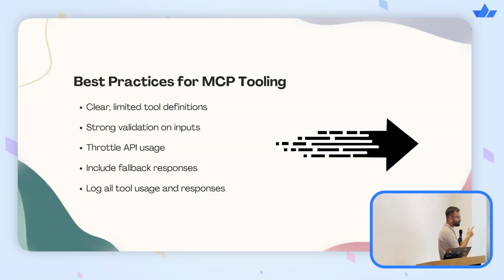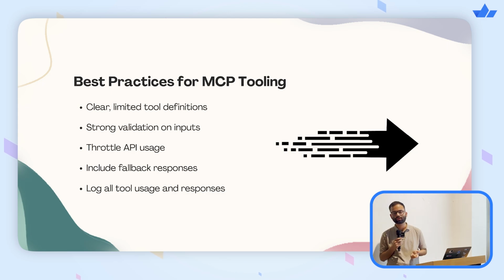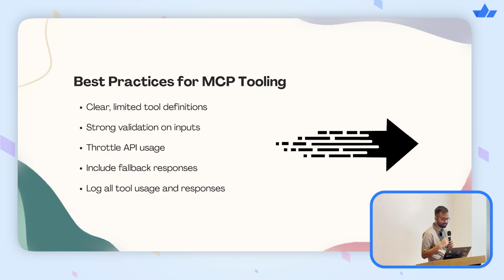Throttle API usage, because like you saw, it can sometimes get stuck in a loop. Include fallback responses and error handling, which I just showed you. If there is no response coming from the API or the database, you give it some default response. And log every interaction with the LLM or the MCP server, so that you know what happened when any particular query was asked.